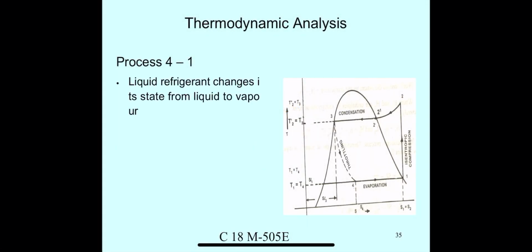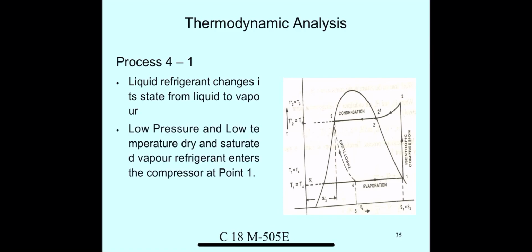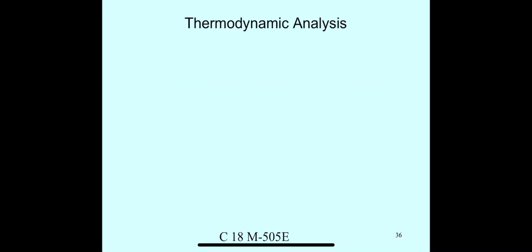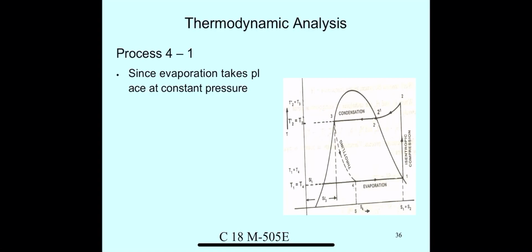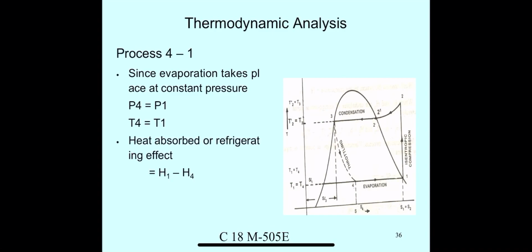The liquid refrigerant changes its state from liquid to vapor, and low pressure, low temperature dry saturated vapor refrigerant enters the compressor at point 1. Since evaporation takes place at constant pressure, P4 equals P1, T4 equals T1, and the heat absorbed by the refrigerant, the refrigeration effect, equals H1 minus H4.